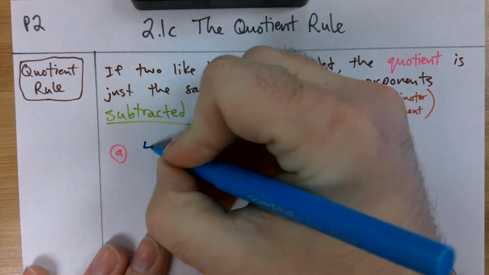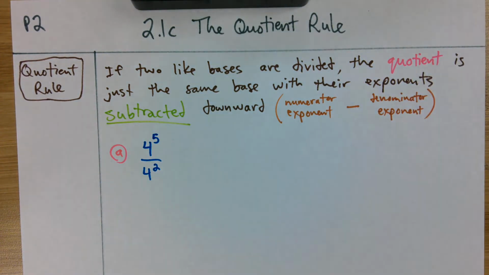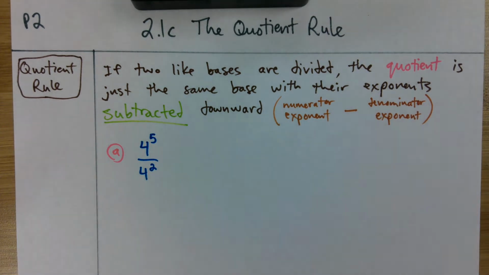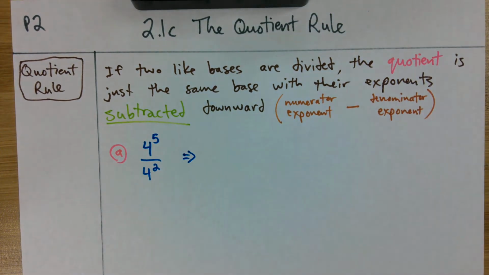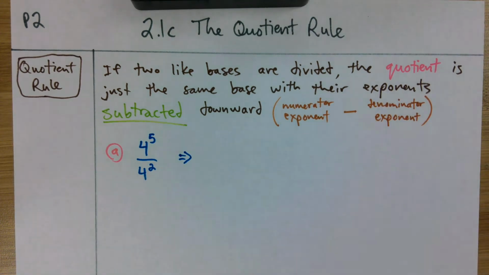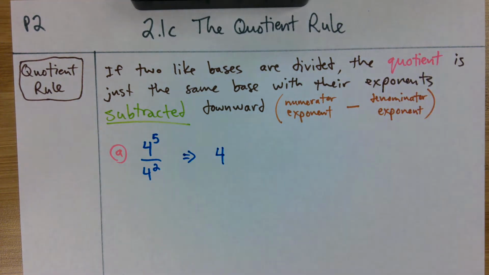If we have 4 to the 5th power over 4 to the 2nd power, our quotient, or our answer, right? Quotient just means the result of division. Our quotient is going to be the same base, just like yesterday. Keep the base the same.